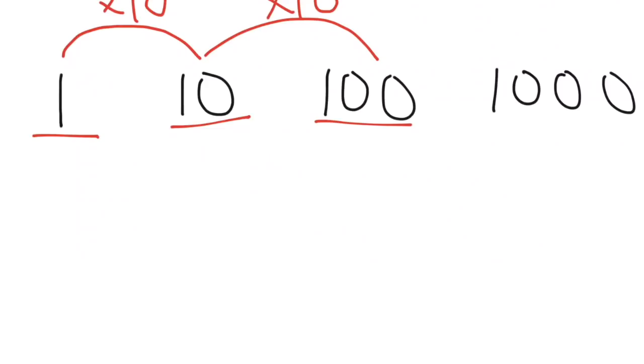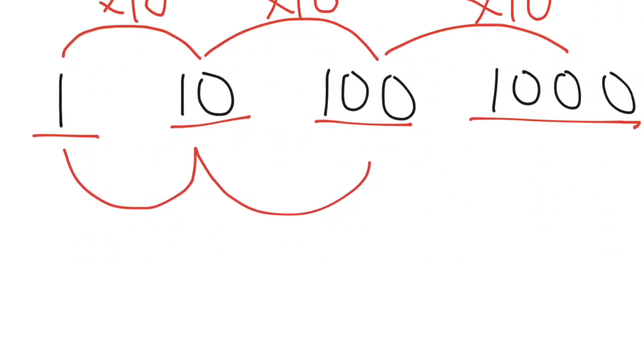So 100 is 10 times bigger than a 10, and a 1,000 is 10 times bigger than a 100. Now, every time we're skipping 2 place values, so if we skip 1, 2, that's the same thing as multiplying by 10 twice. So 1 times 10 is 10, times another 10 is 100.